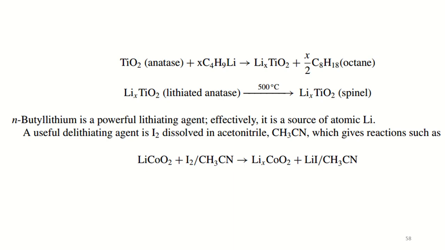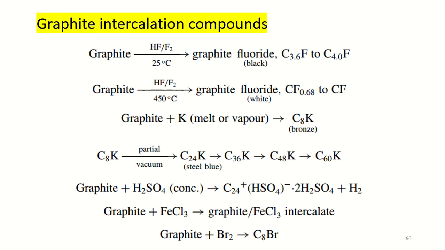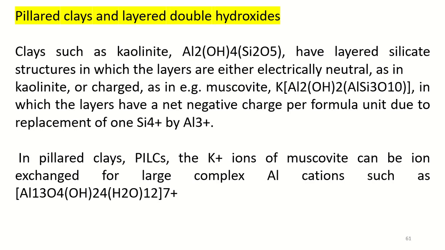We have discussed a lot about these intercalation and deintercalation processes and compounds. Moreover, graphite intercalated compounds were studied a lot under this subject. And today, the major topic of our discussion is pillared clays and layered double hydroxides.